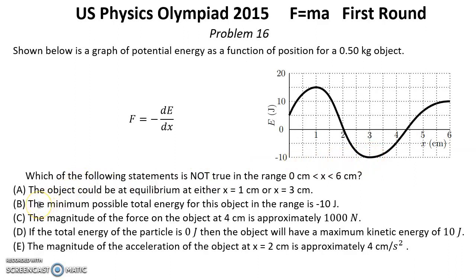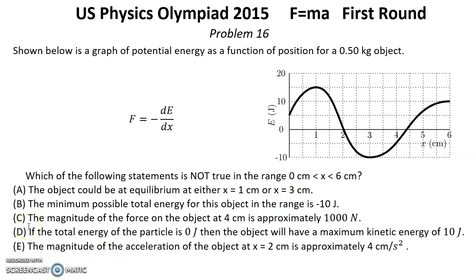B. The minimum possible total energy for this object in the range is negative 10 joules. That's true. At point 3 we can have the object with 0 kinetic energy and negative 10 potential energy, which is total negative 10 joules. That's true.